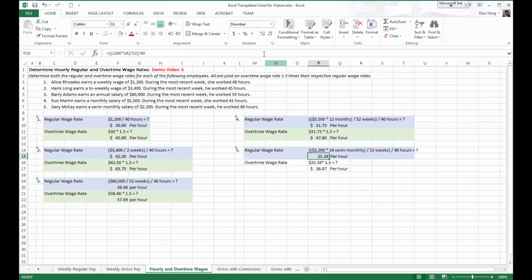I was missing a tiny number there. So there you have it. The regular rate for someone earning $2,200 semi-monthly is $25.38 per hour, and the overtime rate would be $38.07 per hour for Gary McKay.